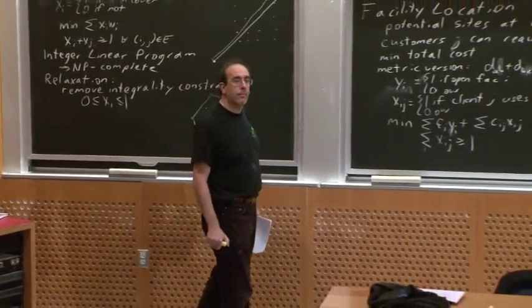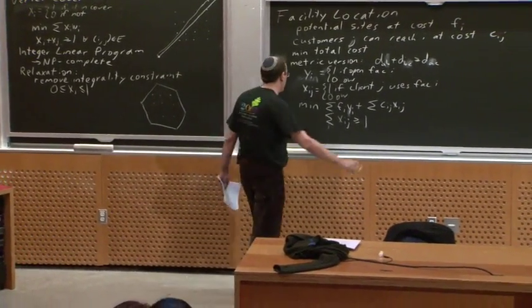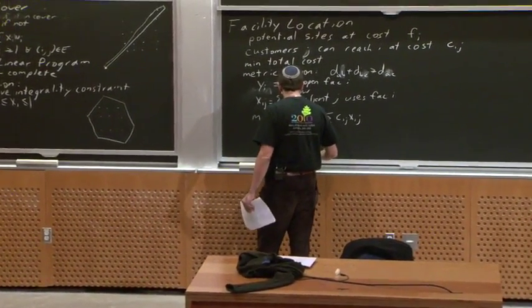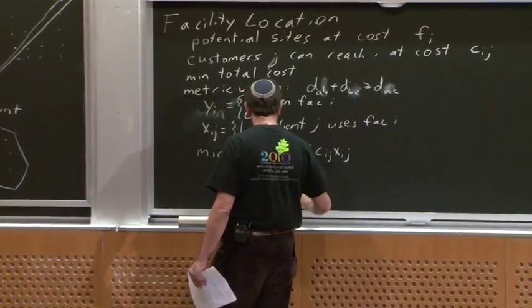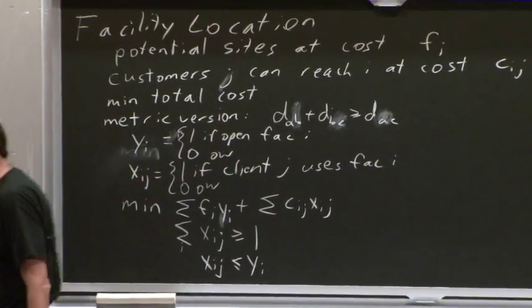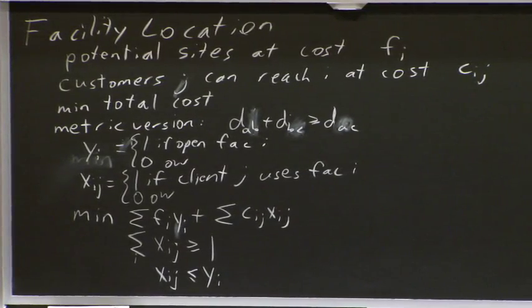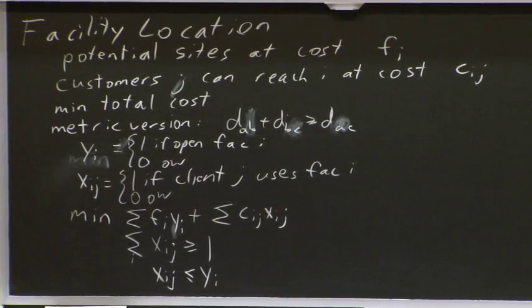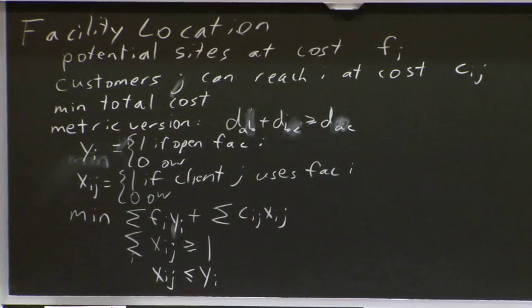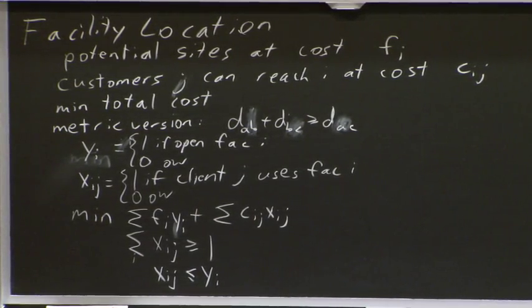What other constraint do we have? Yes? xij is less than or equal to yi. What is that saying? What's the English interpretation of that constraint? It means that I can connect the client j to facility i if and only if it's open. Exactly.